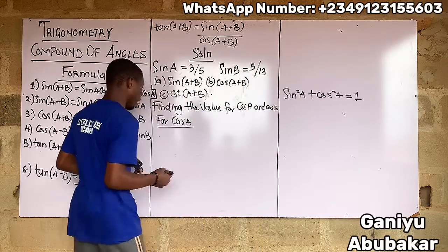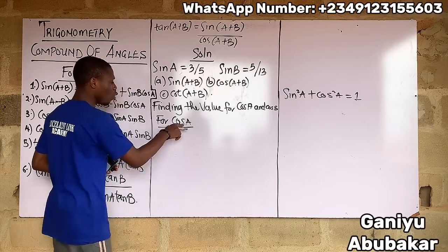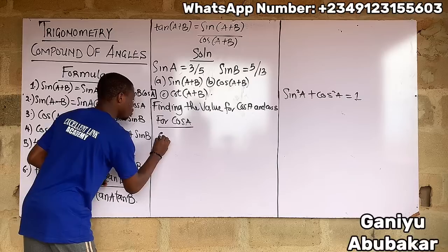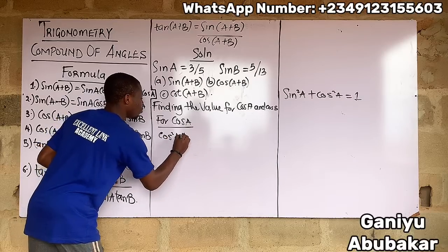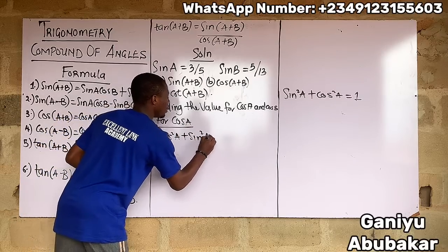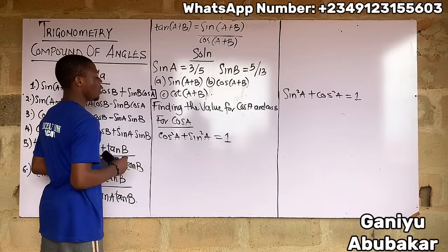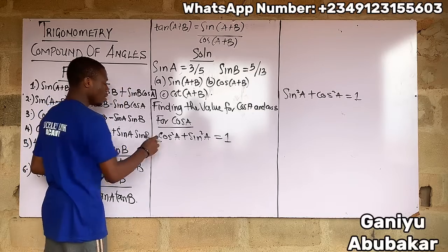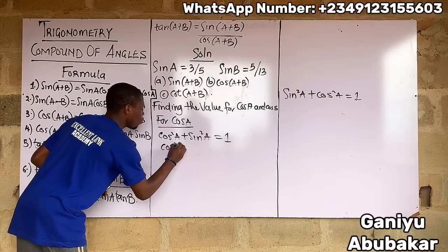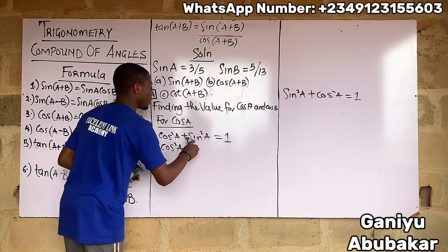So at this point, I'll have cos squared A plus sine squared A is equal to 1. I'm looking for cos A, right? So I'll have cos squared A plus, what's sine A?